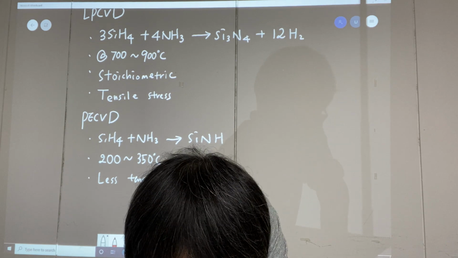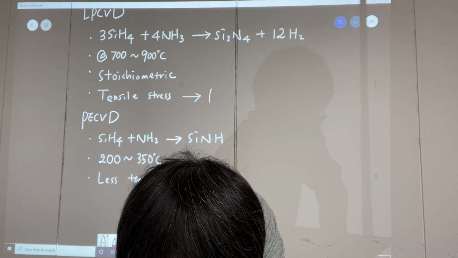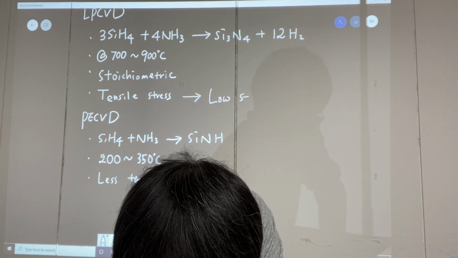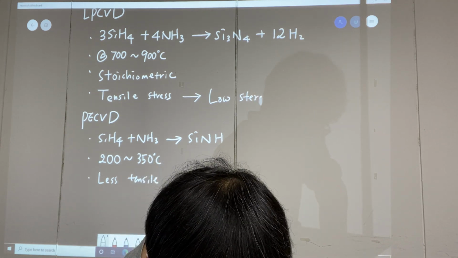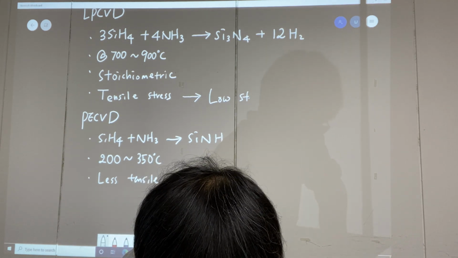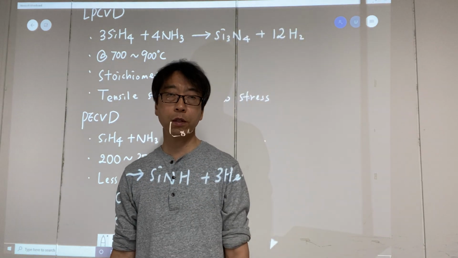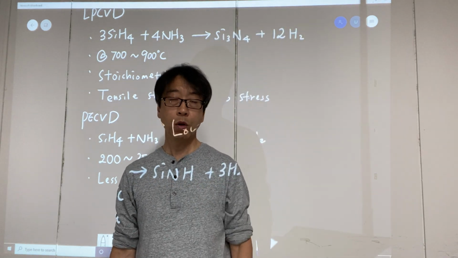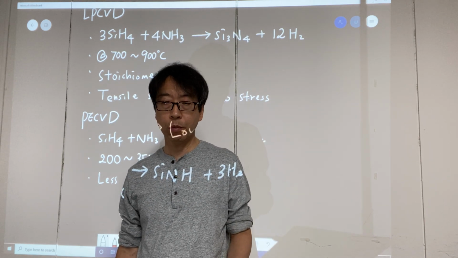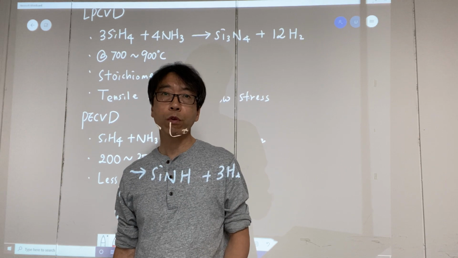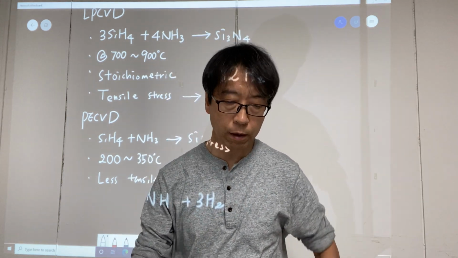And sometimes you can come up with a low stress version of this silicon nitride, and we call that low stress silicon nitride, which is more expensive and more difficult to run, but obviously you can obtain it. I'll talk about it later.